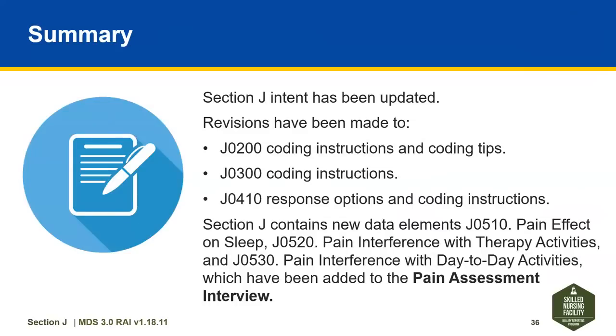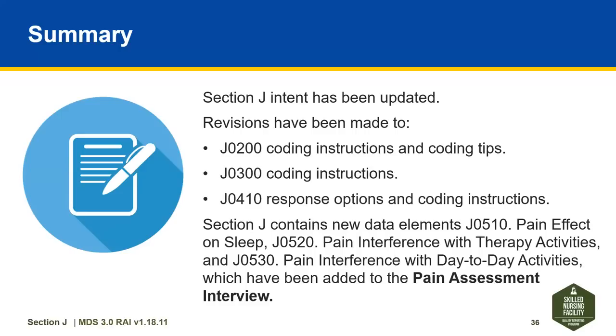Let's review the changes to Section J for SNF. The Section J intent has been updated. Additionally, revisions have been made to the coding instructions and coding tips in J0200, the coding instructions in J0300, and the response options and coding instructions in J0410.